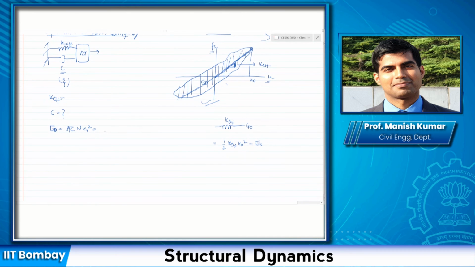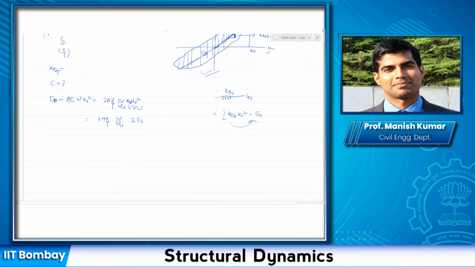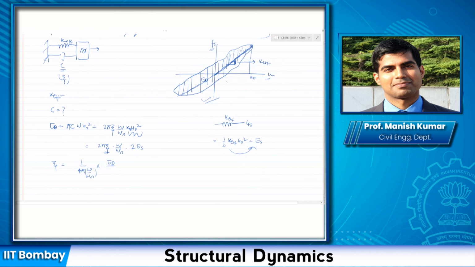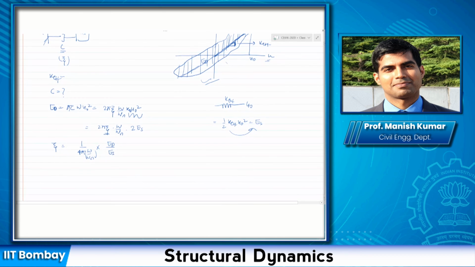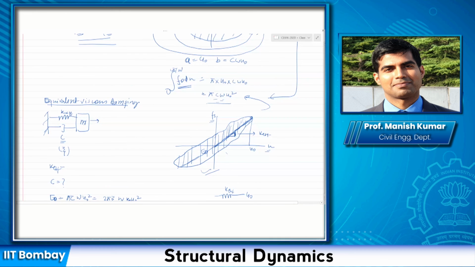First, let me write 2 pi zeta omega by omega n square K U naught square. This, I can write with K effective as 2 times E S. So I can find out zeta from here as zeta equal to 1 by 4 pi, omega by omega n, times the energy dissipated in that particular system that we want to idealize divided by the strain energy at the amplitude of the motion of that system.